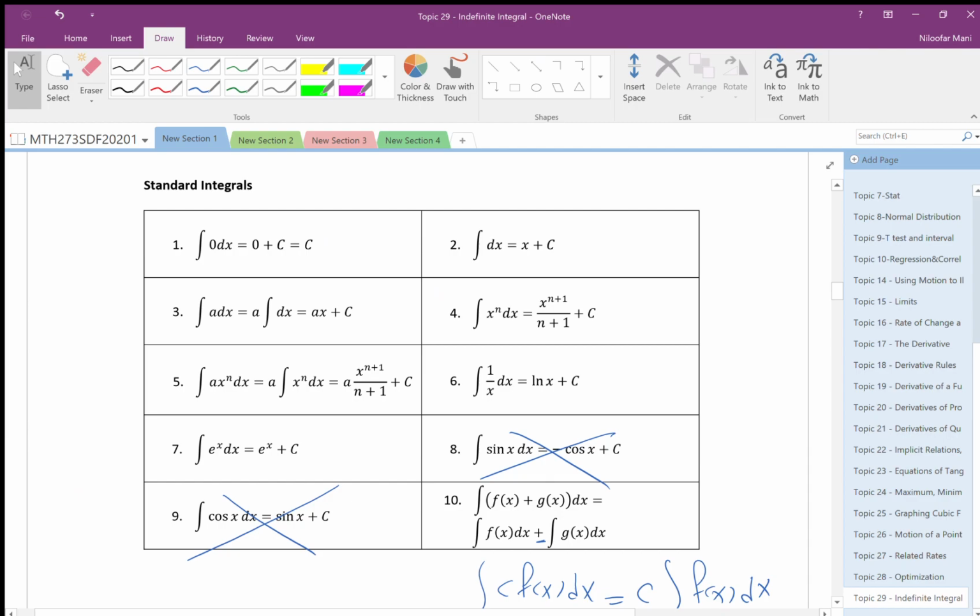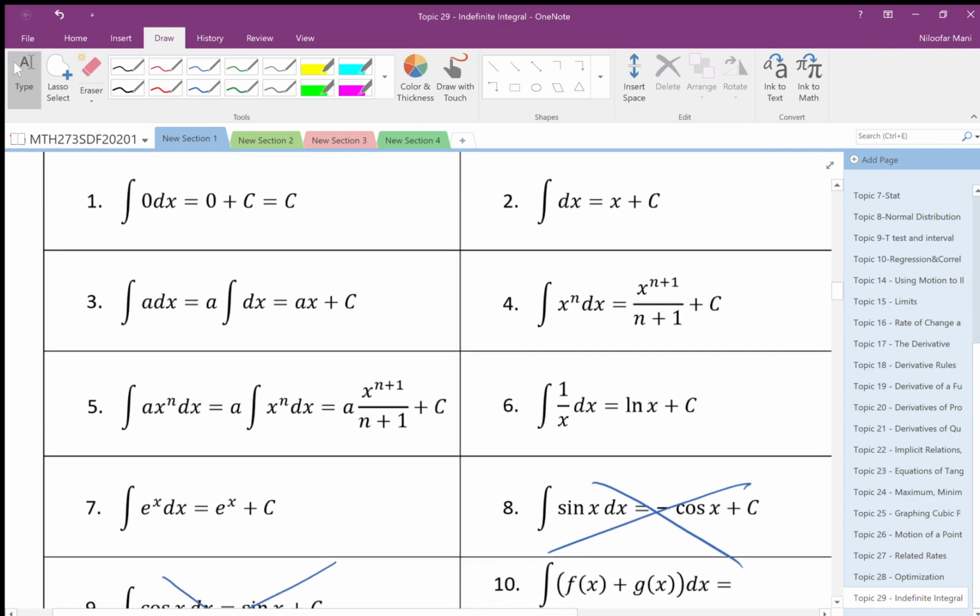What is the integral of 0? Just c, because I know the derivative of c is also 0. What is the integral of 1? x plus c, because the derivative of x plus c is 1. How about this? Here, the derivative of this is a.